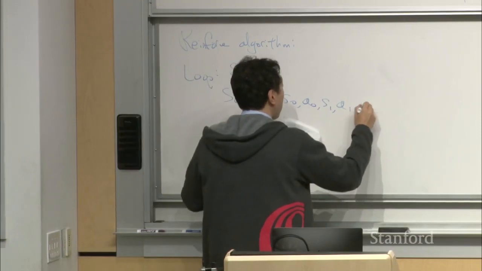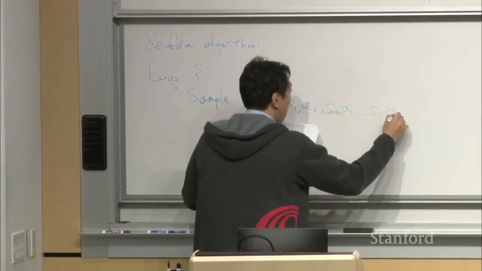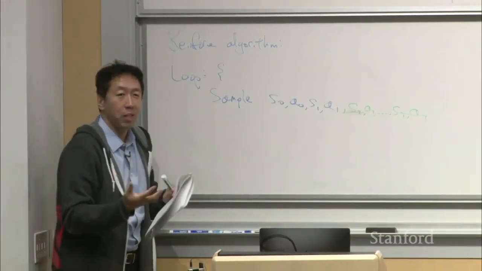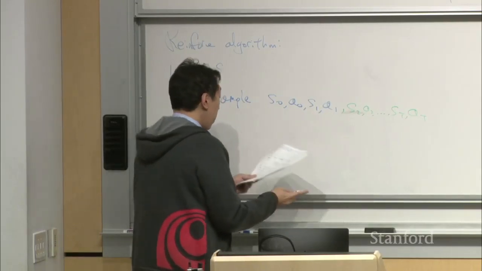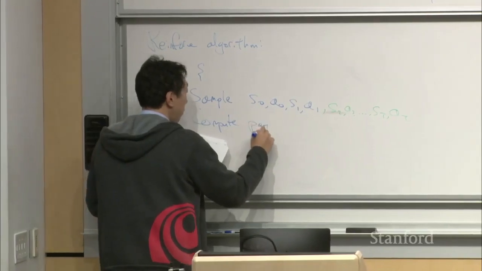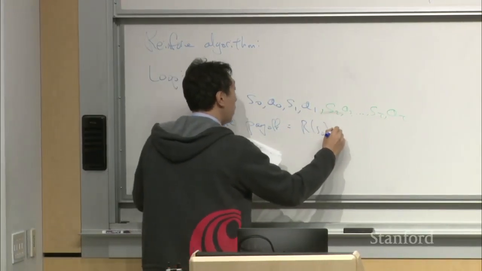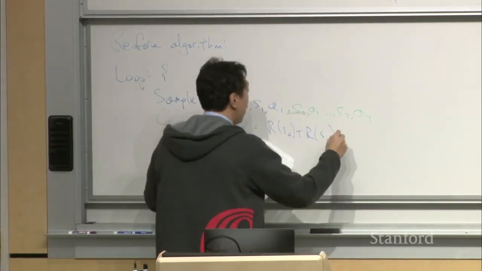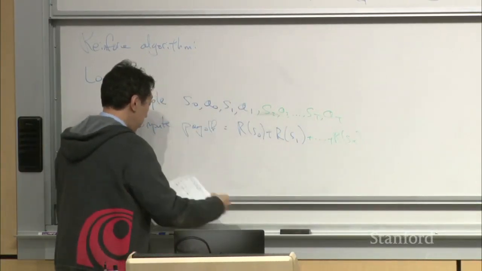Technically you would run it for T time steps, but let's just say for now we'll do only the thing in blue. We run it for one time step because we set capital T equal to 1. And then you would compute the payoff, equals R of S0 plus R of S1. And again, in the more general case, plus dot dot dot plus R of ST.